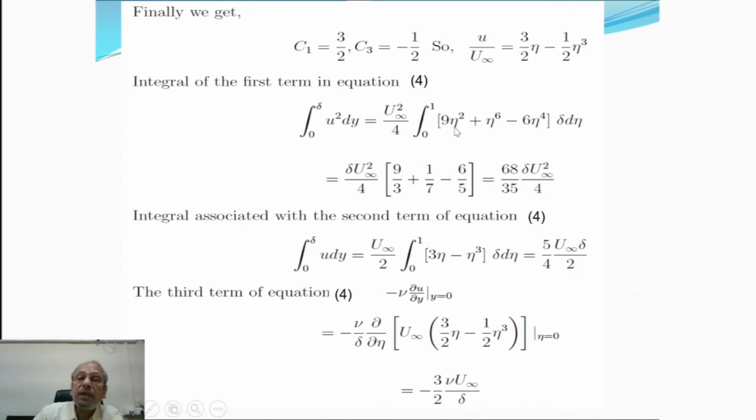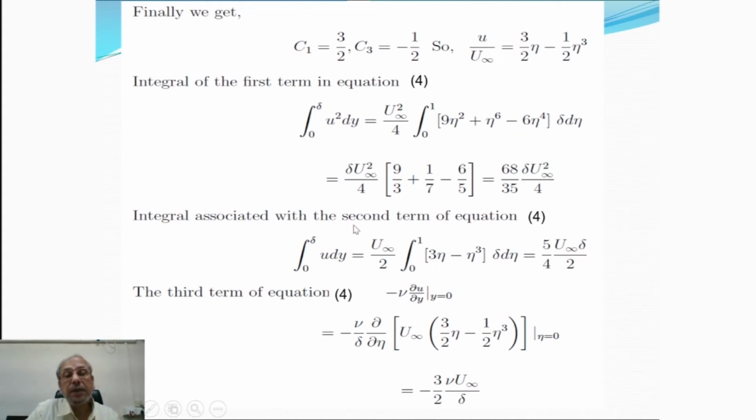So we integrate this profile, which gives, as I said, 9 eta cube by 3 plus eta 7 by 7 minus 6 eta 5 by 5. Then we put the limits eta equal to 1 and 0 and get this integration.